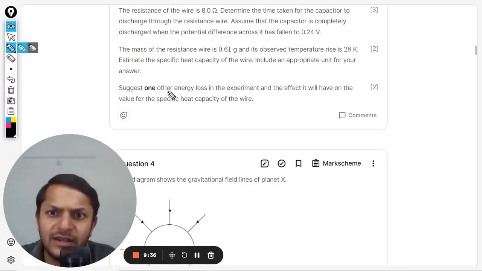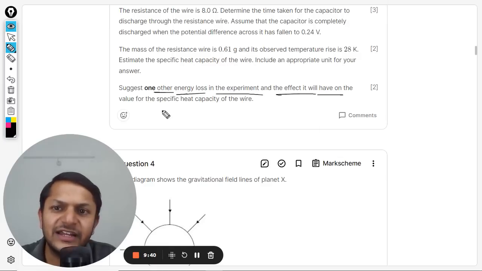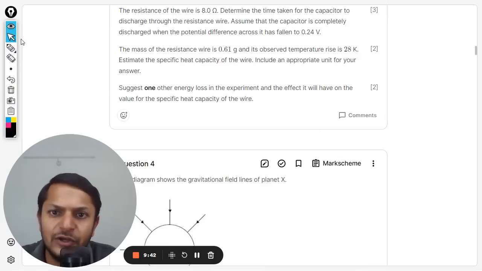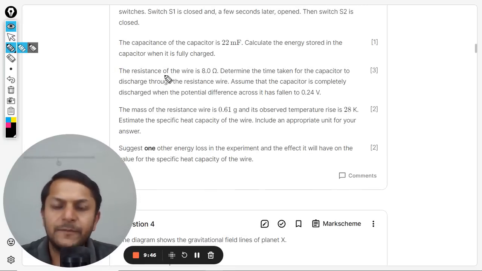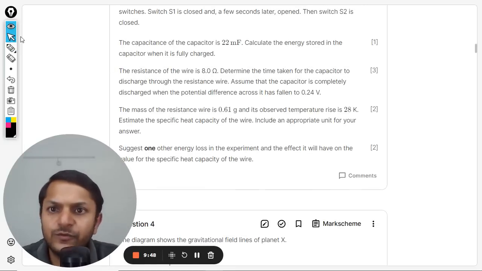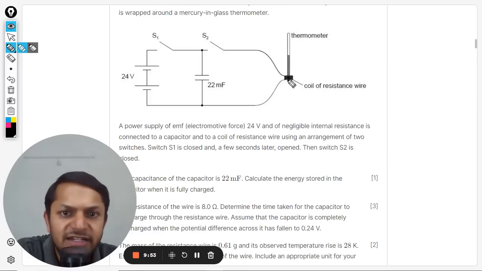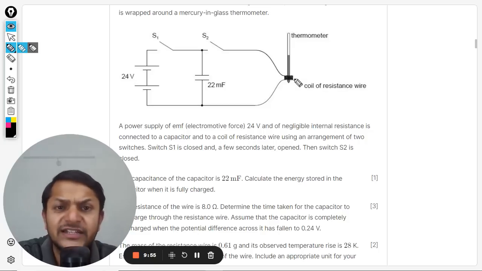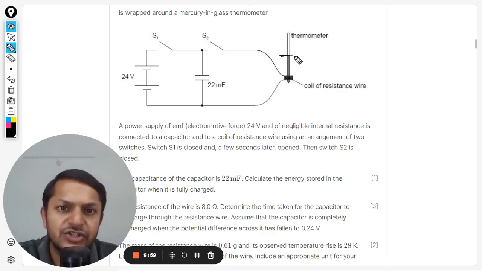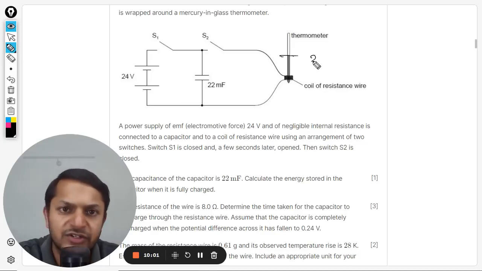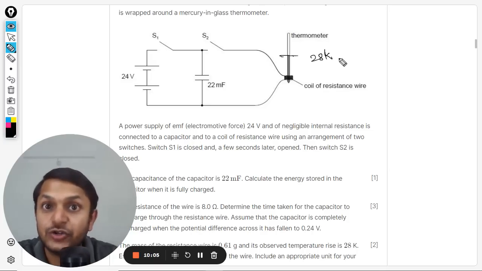Give just one other energy loss in the experiment and the effect it will have on the value of the heat capacity of the wire. So what can be the other losses here? Well, we can say that the heat is produced here, but all of the heat is not absorbed by the mercury. So the temperature rise, which is depicted by the thermometer, which is 28 Kelvin, will definitely be lesser than what it should actually be.